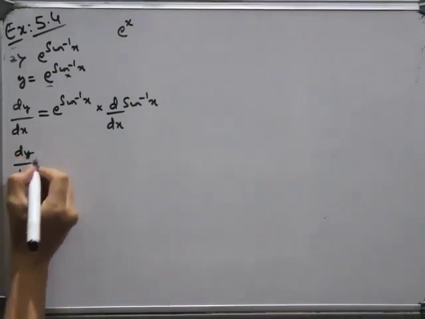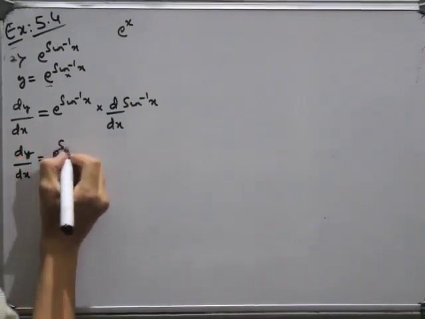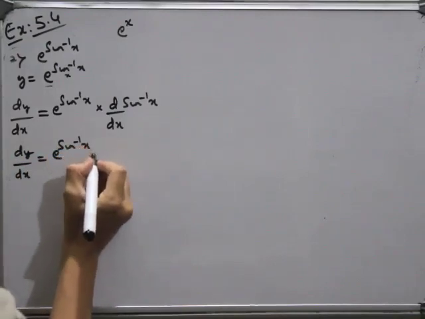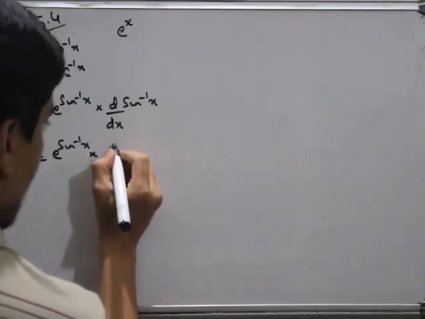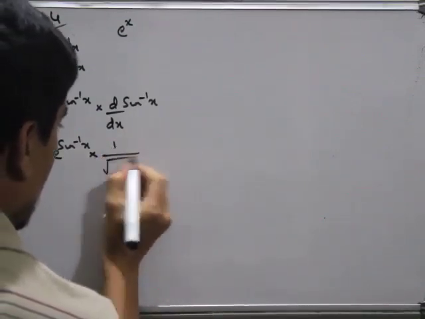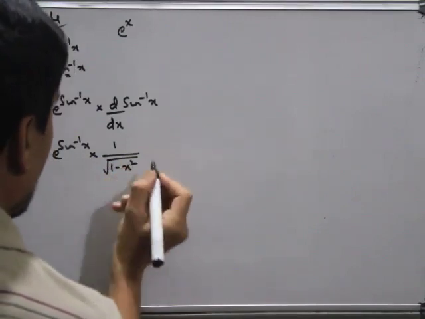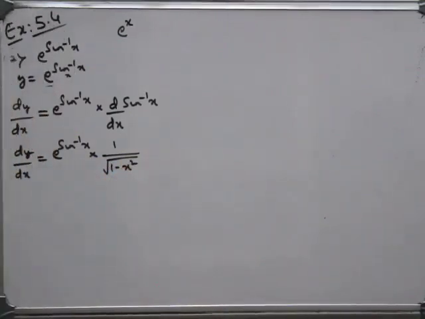dy by dx is equal to e to the power of sin inverse x into differentiation of sin inverse x, which is 1 by root of 1 minus x square.